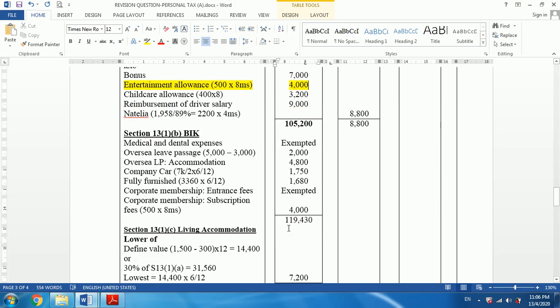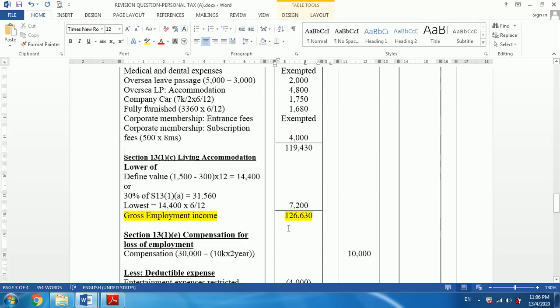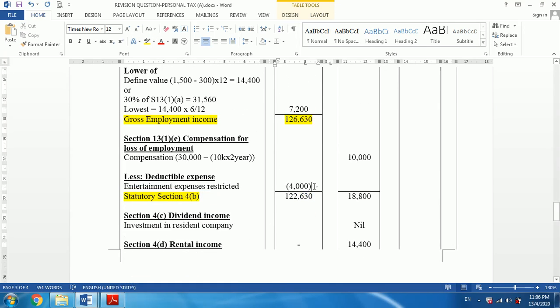So which means on this deductible entertainment expense, even though it's 5K, it's still restricted to only 4,000 deductible, which is restricted to your entertainment allowance. So gross employment income minus deductible entertainment expenses. So you end up with this being the statutory 4B.